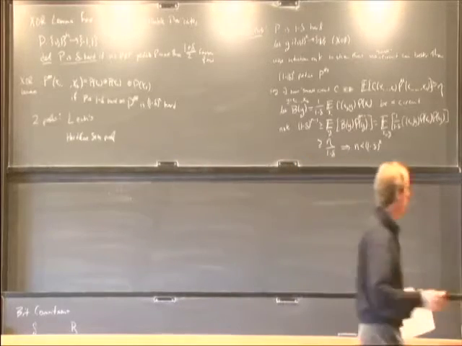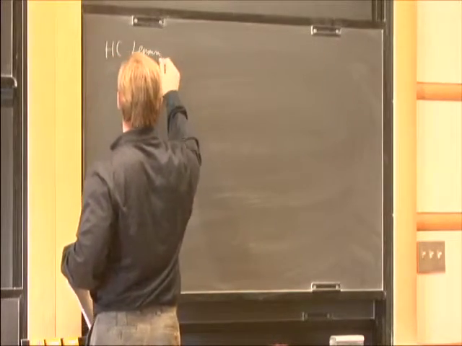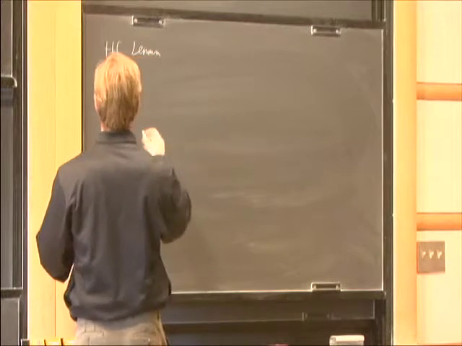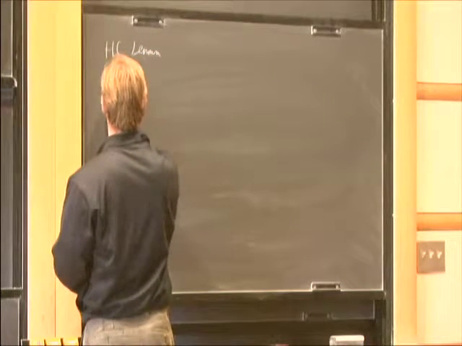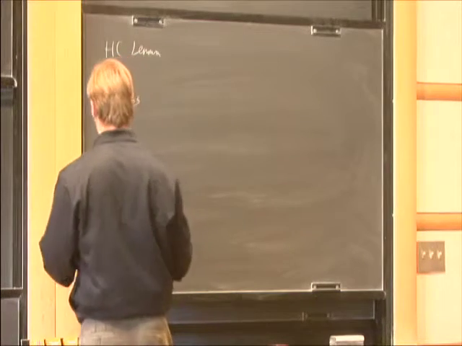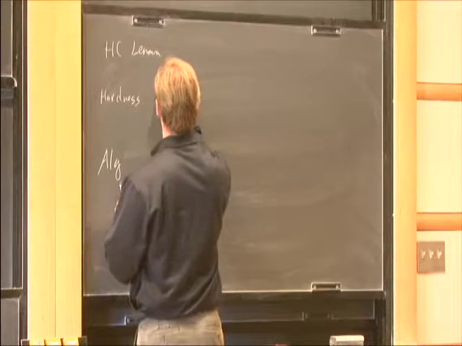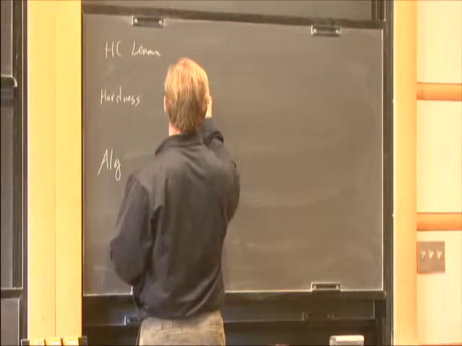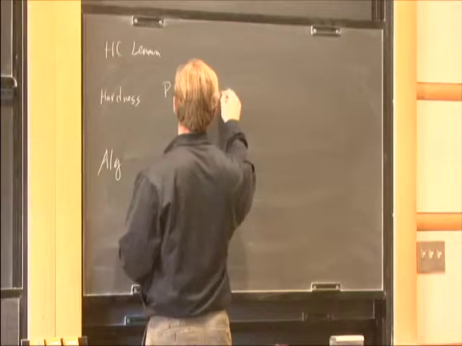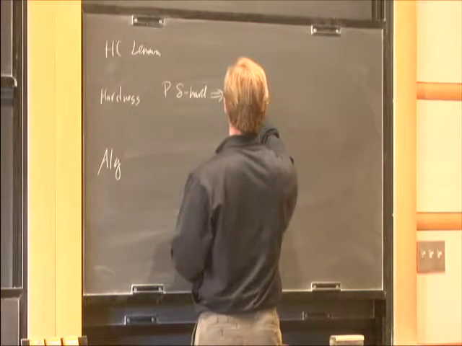Okay, so now I'm going to show you the hardcore lemma. I want to say there's two sides to it: there's the hardness part, and then there's the algorithm part. So the hardness says, if P is delta hard, this is the lemma, this means that there exists a delta set.